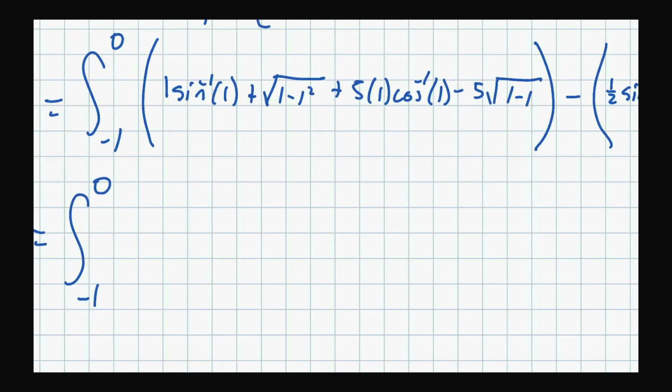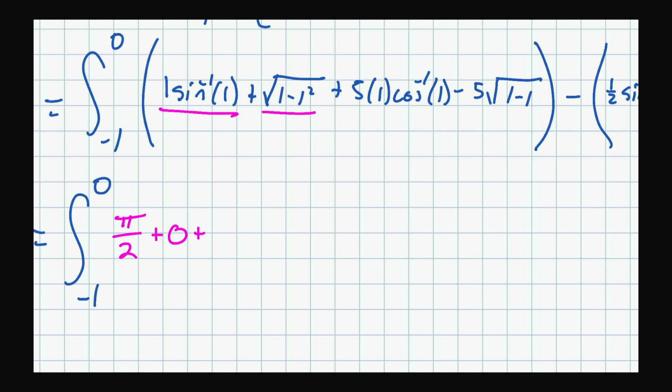All right, so let's start here. What is sine inverse 1? Where is the sine equal to 1? So the sine is equal to 1 at pi over 2. So that is pi over 2. All right, and then we got plus this thing, but that's 0.